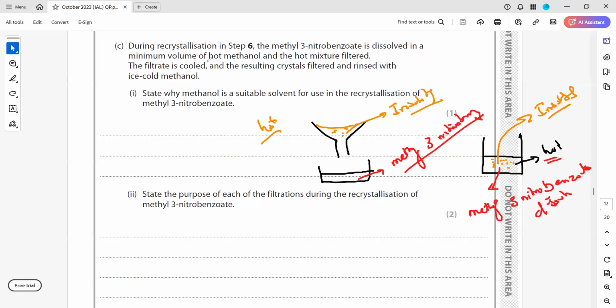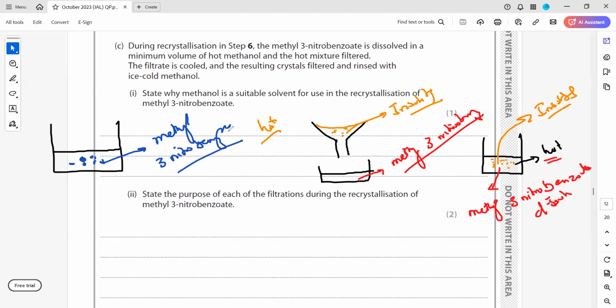Then when we carry out a cold filtration, what will happen? The methyl 3 nitrobenzoate crystals will form. So this is a solid, okay? And the other impurities will remain dissolved.